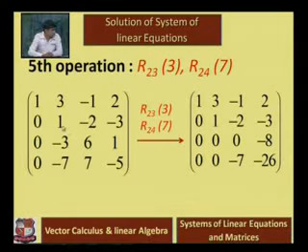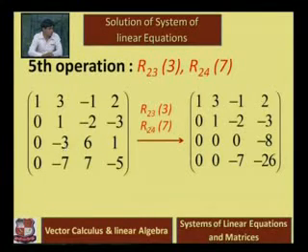After we get this matrix, now with the second leading one position we have the 1, and the entries below that leading one are minus 3 and minus 7, but because of the condition of row echelon form there must be a 0.